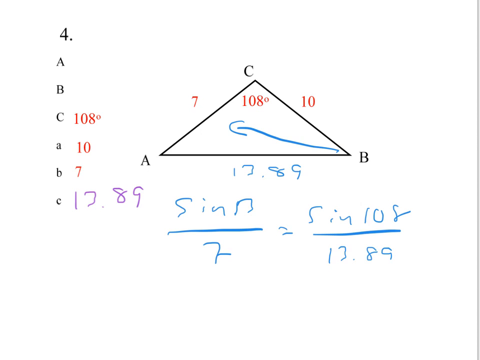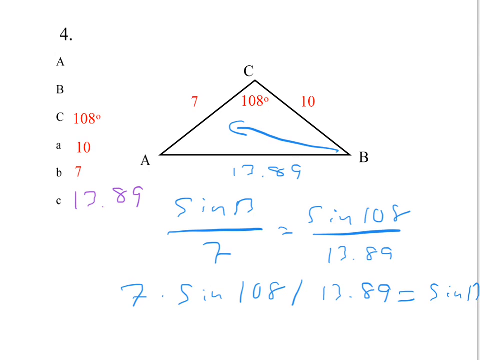Go ahead, whip out your magic calcs. We're going to do 7 times sine 108 divided by 13.89. That, of course, is going to equal sine of b. So we get 7 times sine 108, close that parenthesis, divided by 13.89.